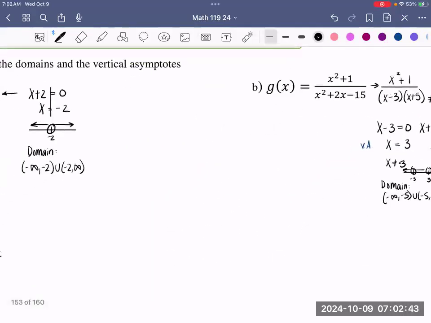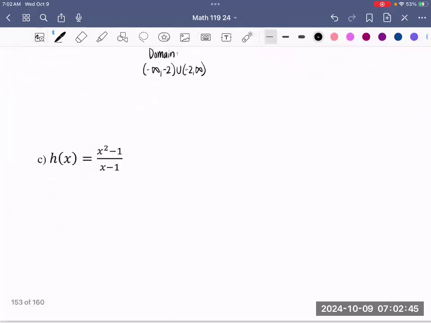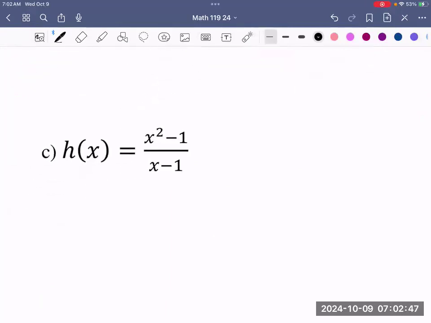So let's try C. So while it appears, right, that we have a vertical asymptote at x is equal to 1, let's pause for a moment and see, can you also factor your numerator?